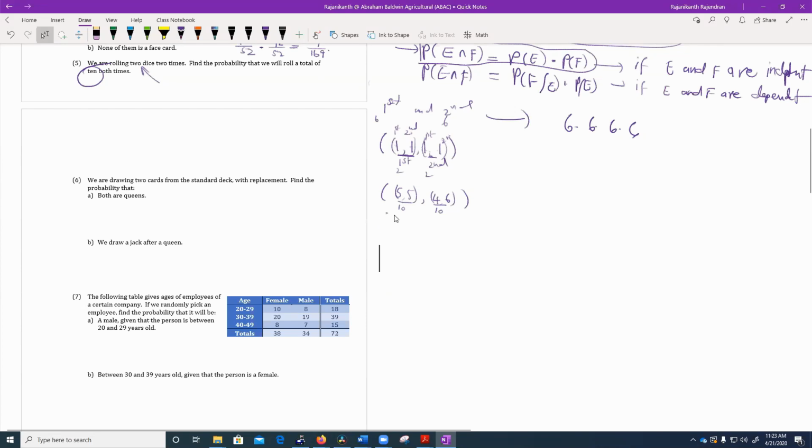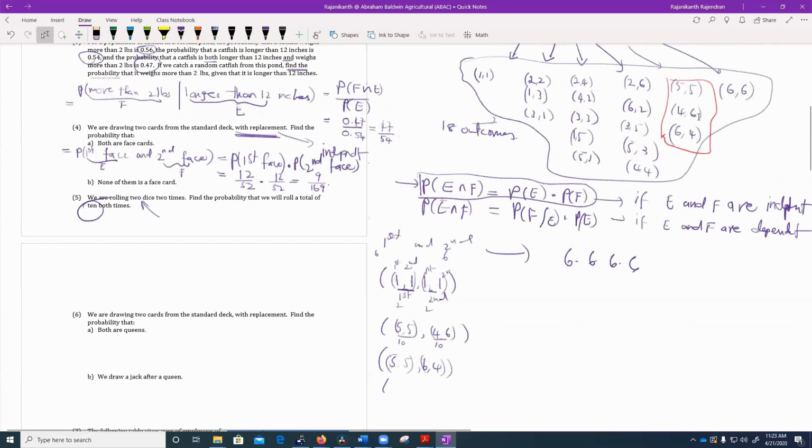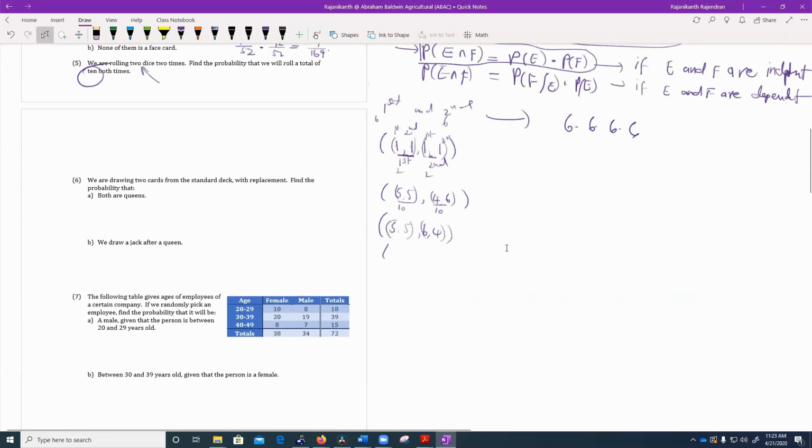Let me write down. You may have first row 5, 5, but second one may be 6, 4. And you may have here 4, 6. And here also you may have 4, 6. I could include one more here, 5, 5 and 5, 5 as well.